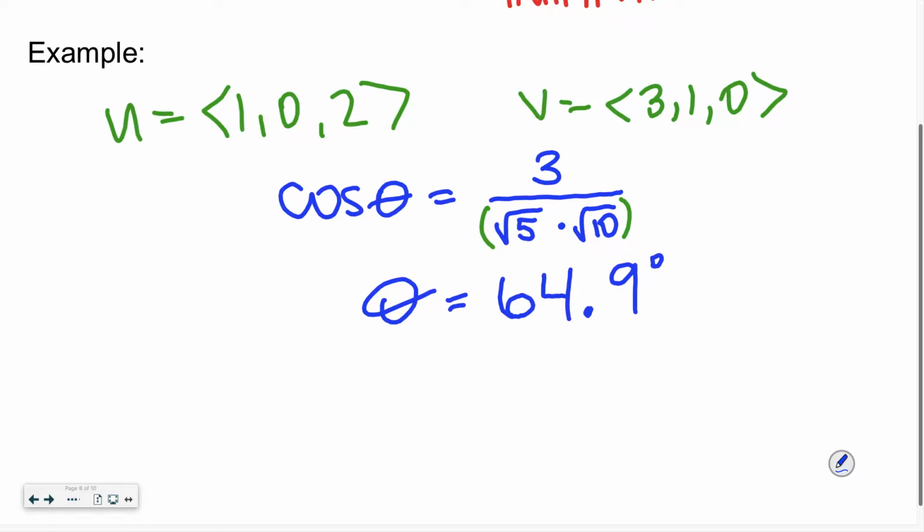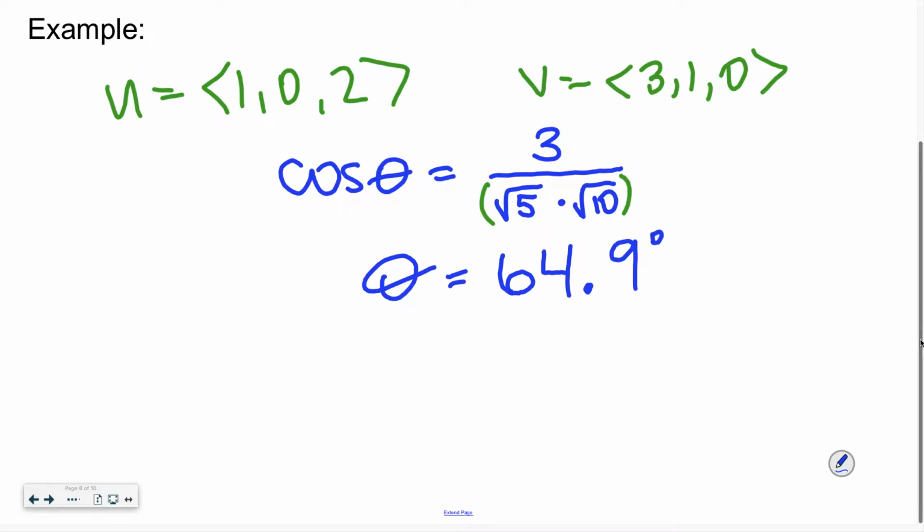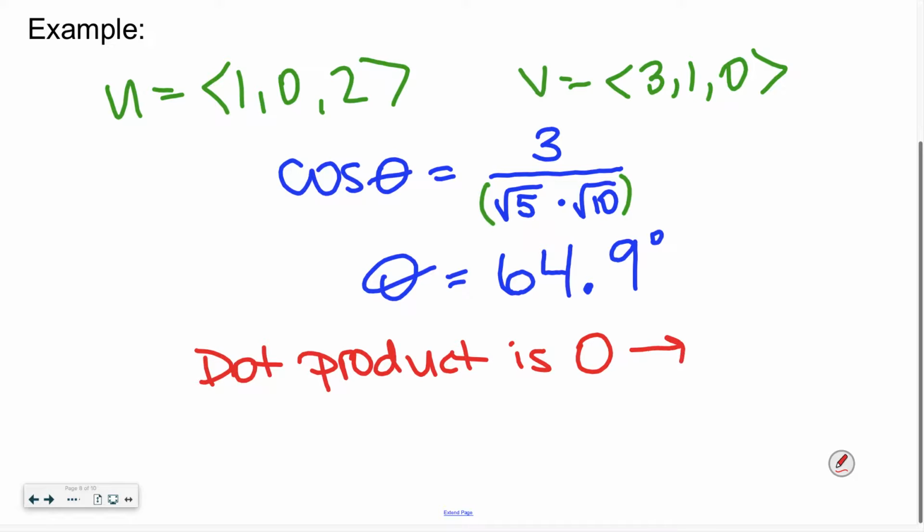Okay? Now, there's a couple special things that could happen. What is true if the dot product is 0? Then the angle is what?